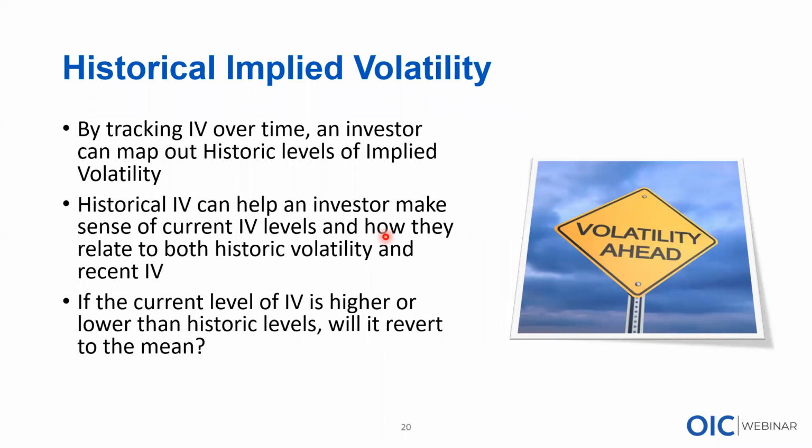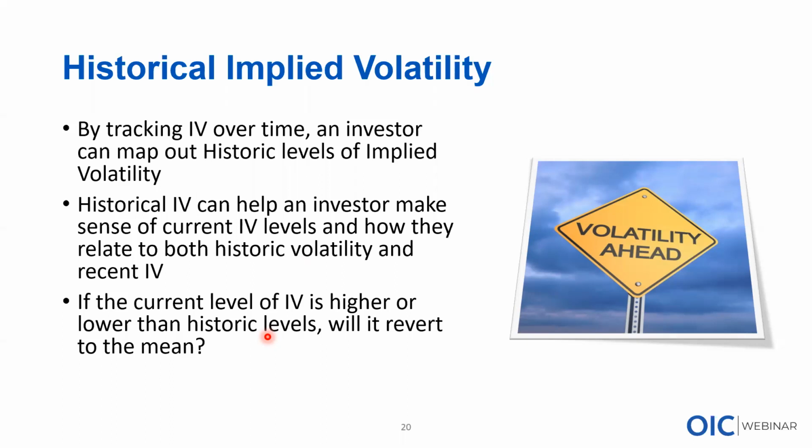How do they compare to the historical volatility of the stock that we talked about at the beginning? And then developing some sort of opinion. If the current level is higher or lower, what does that mean? The next question is, is it going to revert back towards the long-term average? You have to answer that question. If you think it will, then the next question is, what kind of trade are you going to execute?